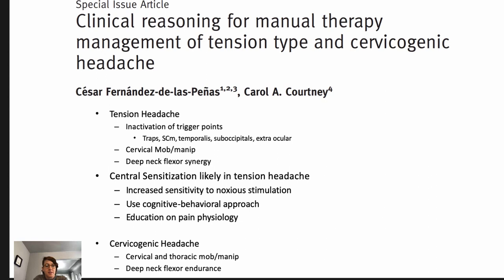The suggestion is to check the traps, SCM, temporalis, suboccipitals, extraocular muscles, and then maybe do some cervical mobs and manips as you find in your exam, and then some deep neck flexor control work, motor control, and realize that central sensitization is pretty likely in those with tension type headaches. So maybe using some of the strategies that we've used for centrally sensitized patients already in the course.